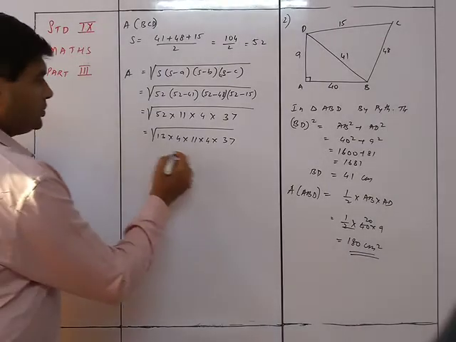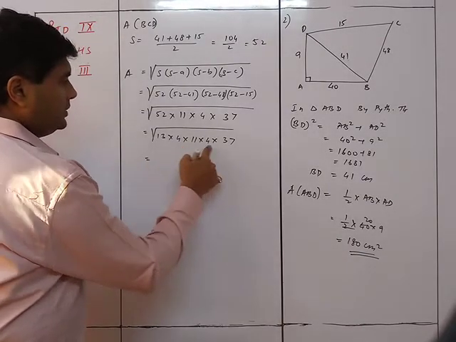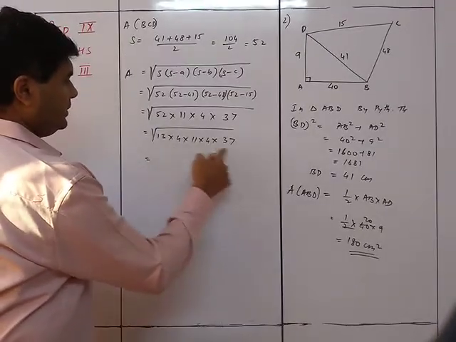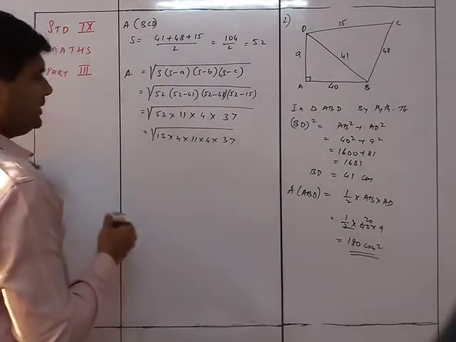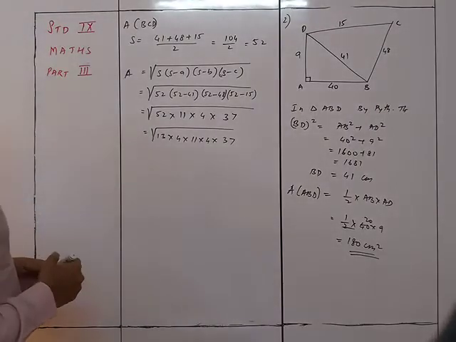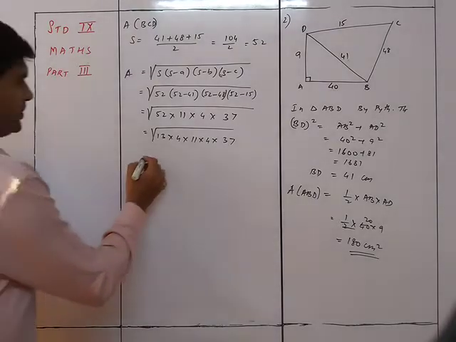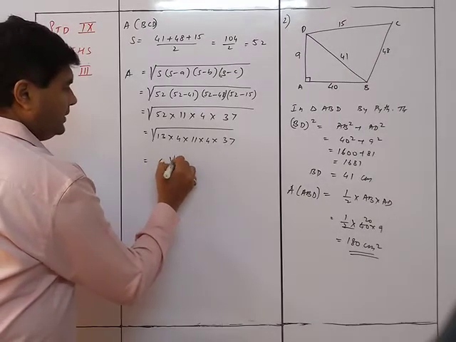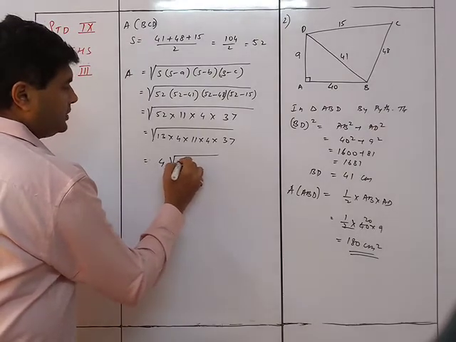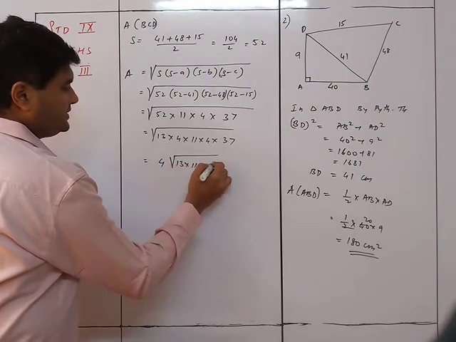Okay, so let's check it. I think we'll need to multiply this whole thing and check it out. So 4 is going to come outside, and then it will be 13 into 11 into 37.